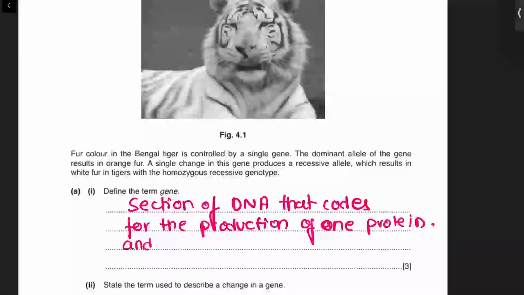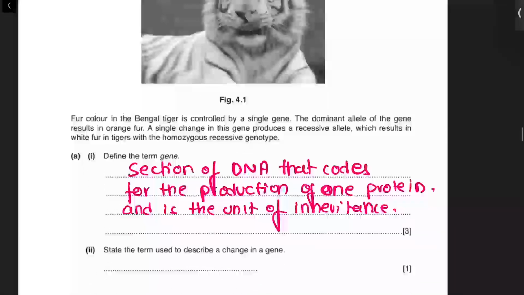Remember, one gene, one protein. It is the unit of inheritance. Meaning that when you pass your characteristics from yourself to your offspring, it is the gene that is being passed on. That is how you get your mother's eyes, your father's eyes. All of that is through the passage of genes, which is the unit of inheritance.